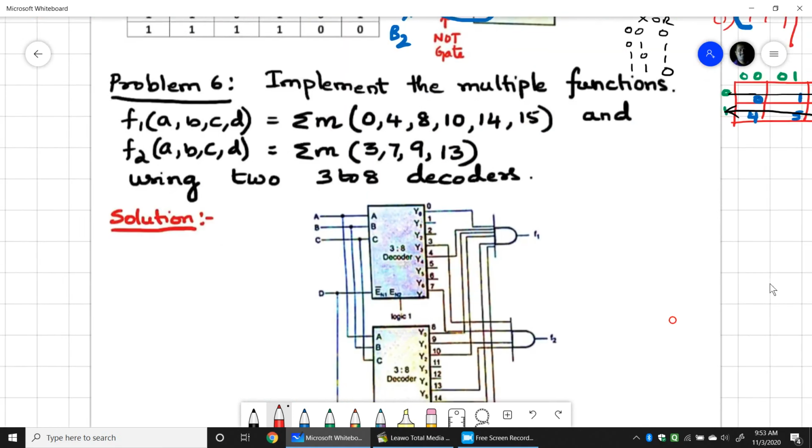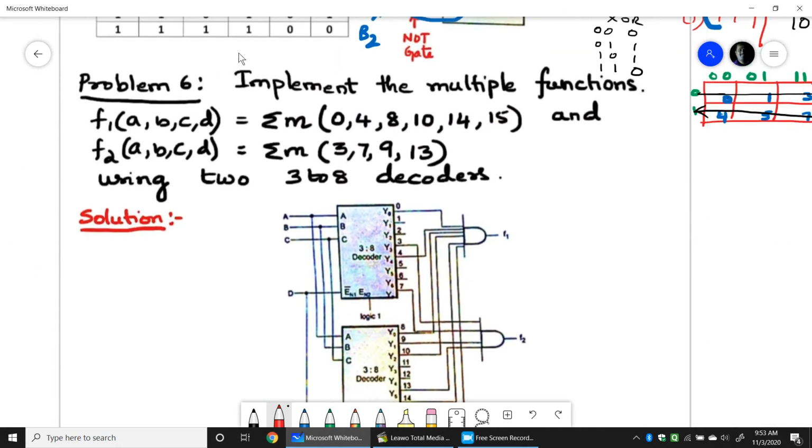So the next problem is to implement the multiple functions using two 3:8 decoders, because these are 4 variable functions. We have 4 variable functions, so it means we need a 4:16 decoder.